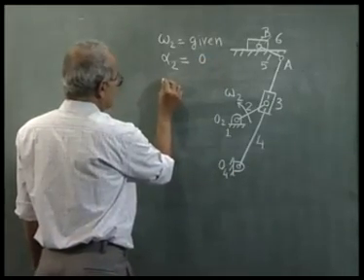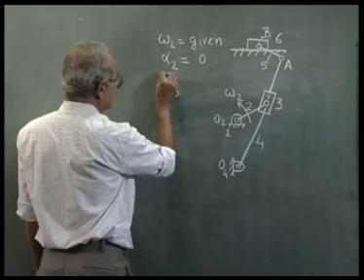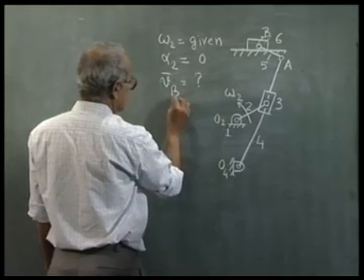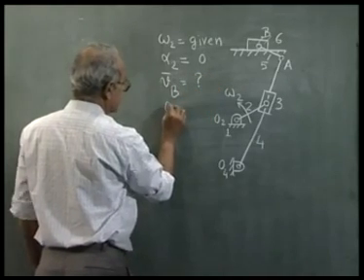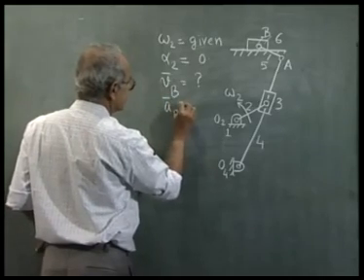And we have to determine the velocity and acceleration of the point B, which is same as the velocity and acceleration of the tool holder, that is link 6.